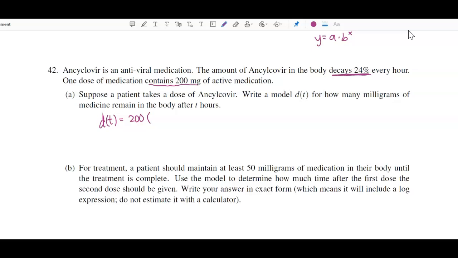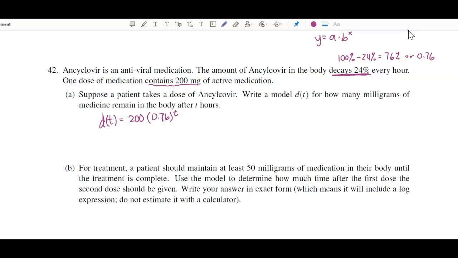If this much is leaving the body, then we're really doing 100% minus 24%, which is 76%, or 0.76. So that's what we should have here. And then to the t power. Okay, so hopefully that's what you were able to get for that one.